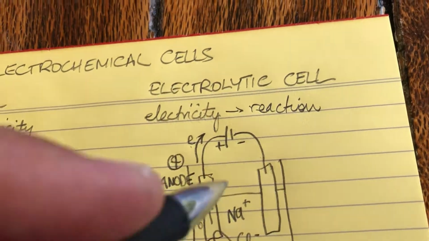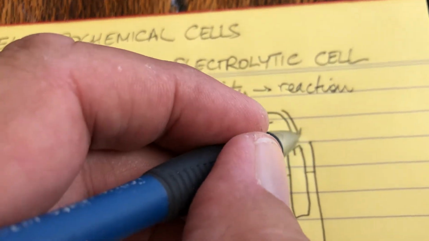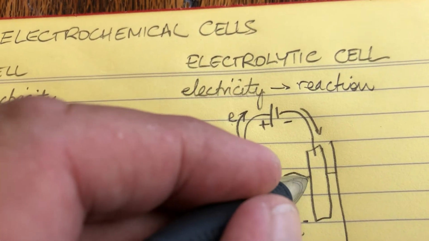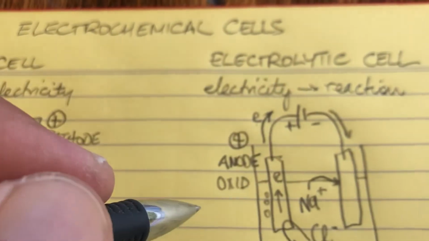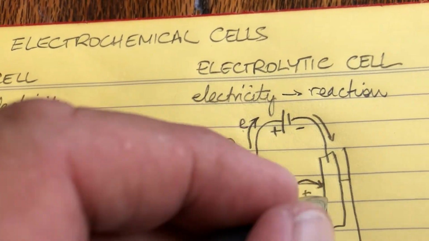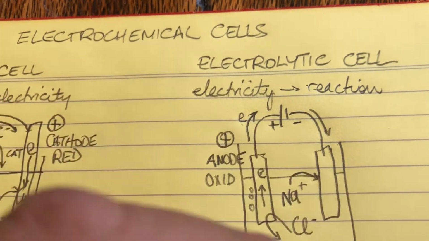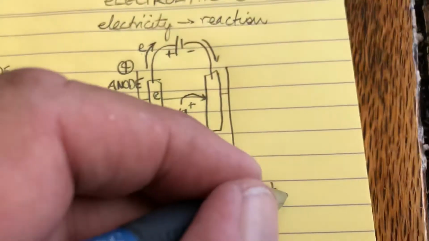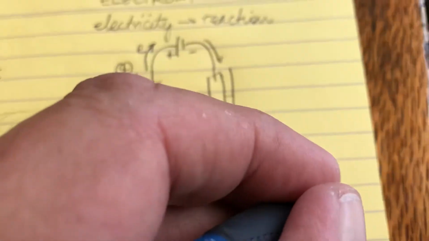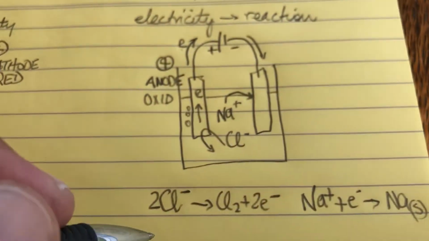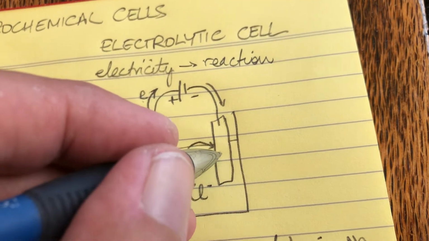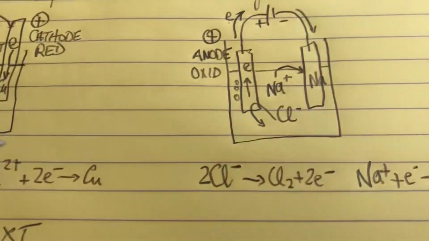At the cathode now, remember, the cell has made it negative by pumping electrons onto it. So the sodium ions are attracted to the cathode, and when they're attracted to the cathode, the sodium ions gain an electron to become sodium metal. So the sodium metal deposits on the electrode.